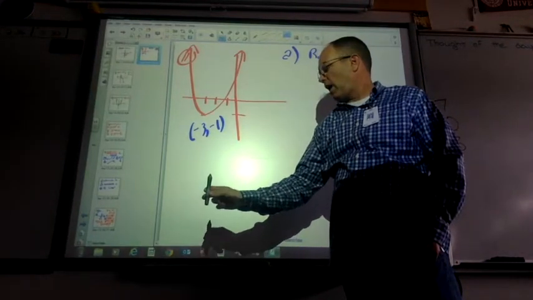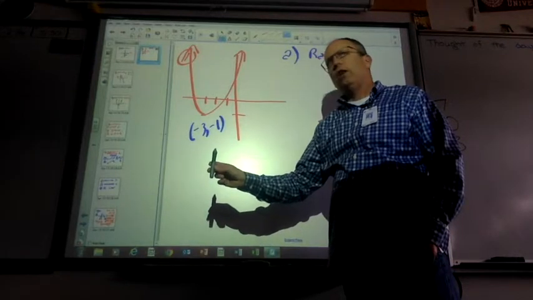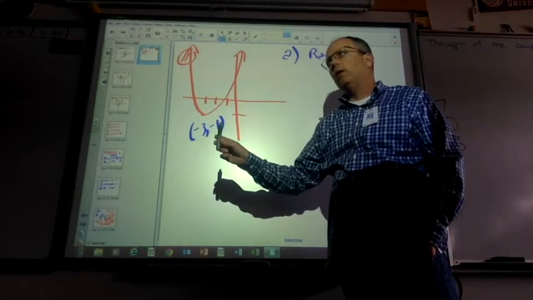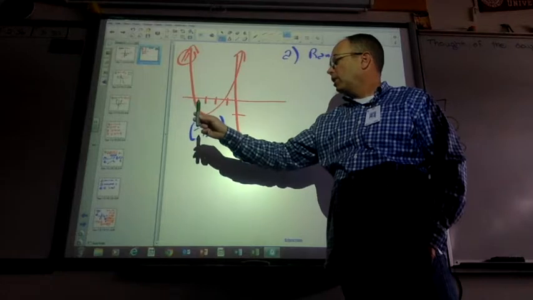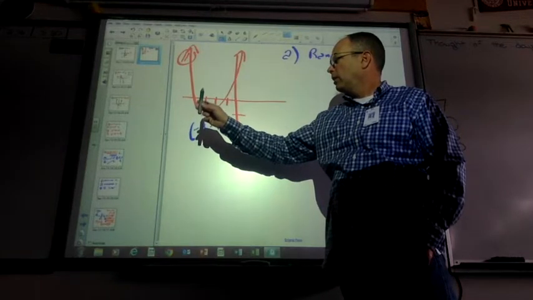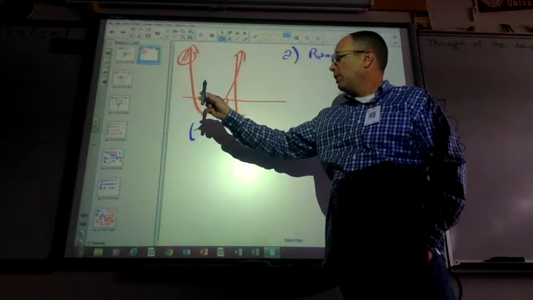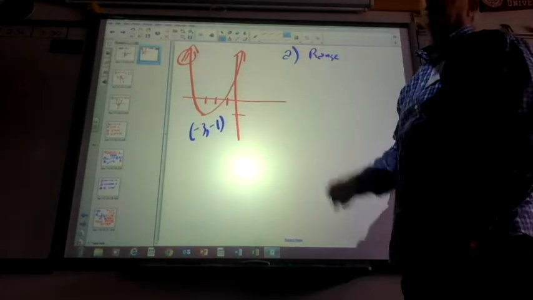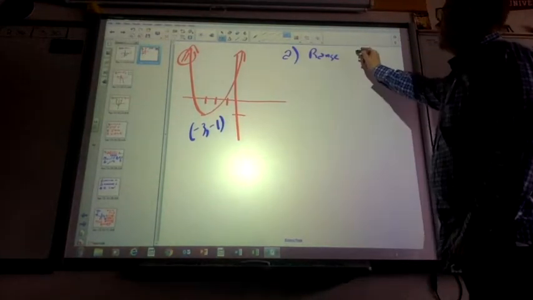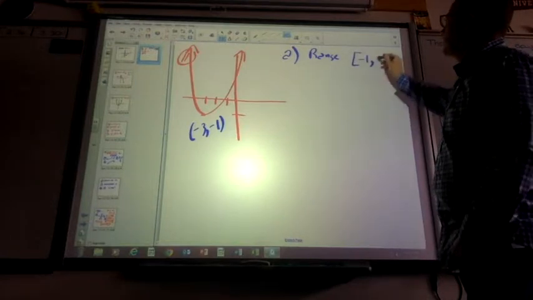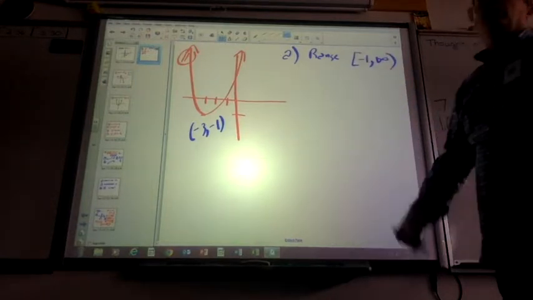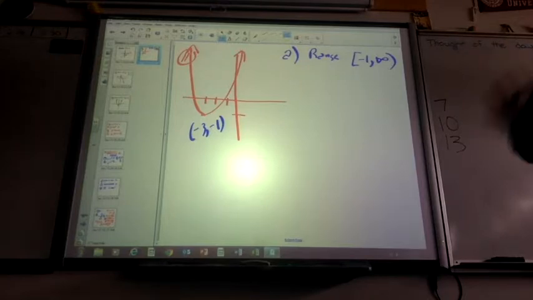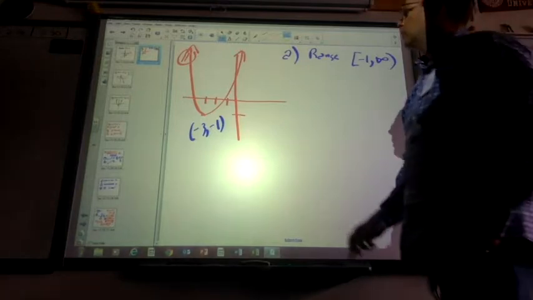Am I seeing the graph at all if I look out right or left out of my elevator? Tell me when I start seeing my graph. Bingo. And then will I continue to see it as I go up? Yes. So where do I start seeing the graph? From -1 to infinity. And again, it should be a square bracket. If you put a rounded bracket, I'm not too concerned about it on the test.